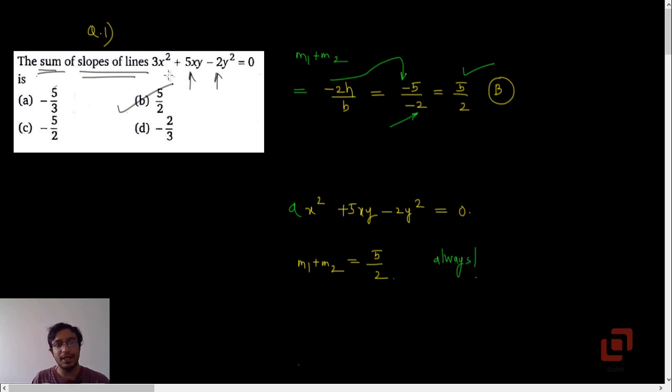So even if they had not given the particular value of a, even then you would have gone for 5 by 2, which is option B.